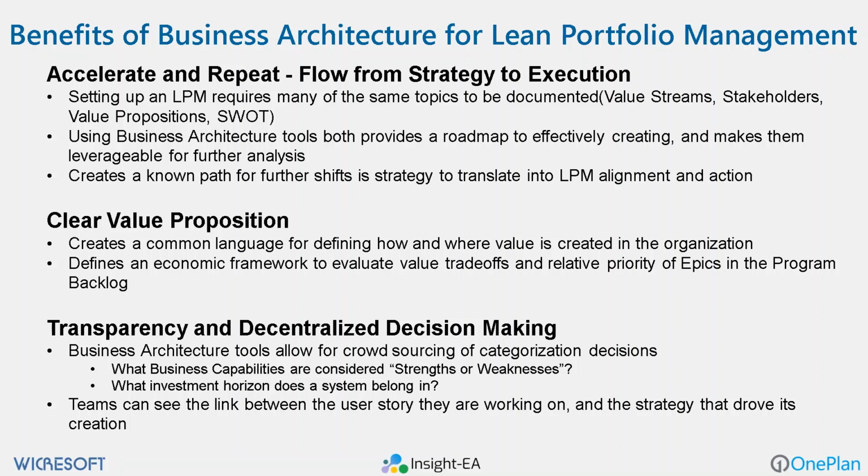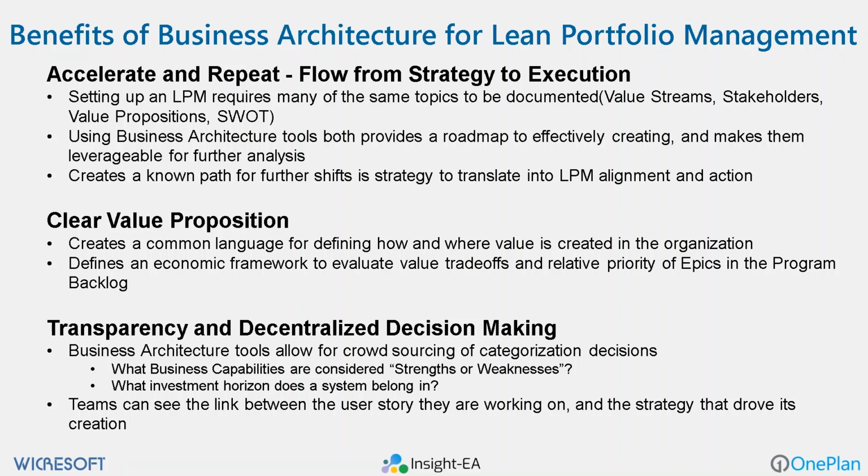And then finally, I think you saw some of this in what Jose was laying out. The ultimate goal here is that when a developer or a tester or someone picks up a user story, they don't just understand what that user story is saying, but they understand the context and the strategy, and you can trace back to the strategy that drove the creation of that story, so that they are developing and testing with more of the context in mind as much as the words that are involved in the story.